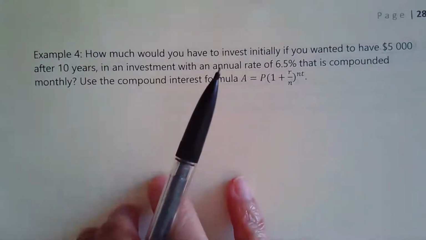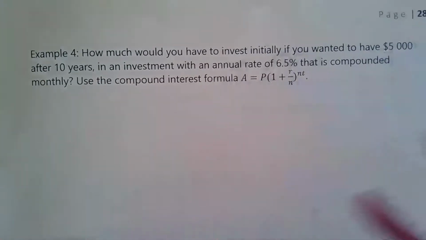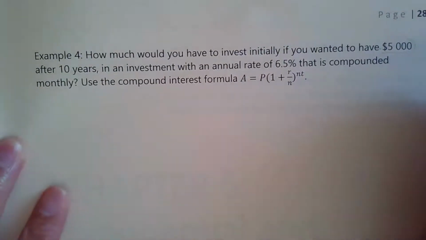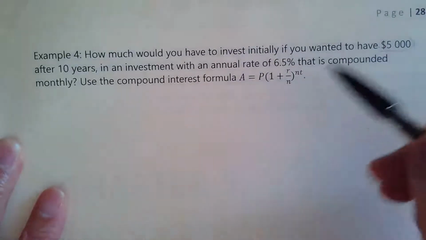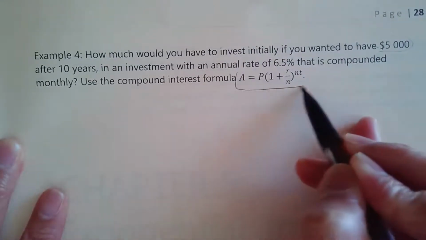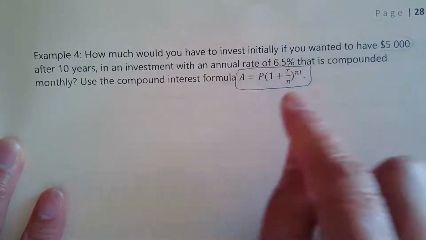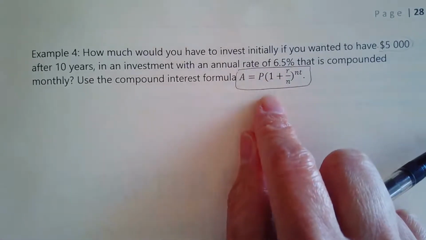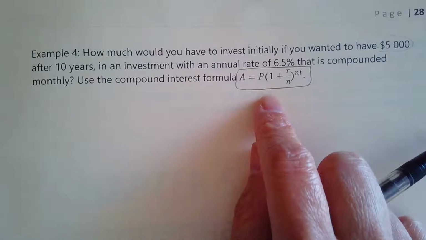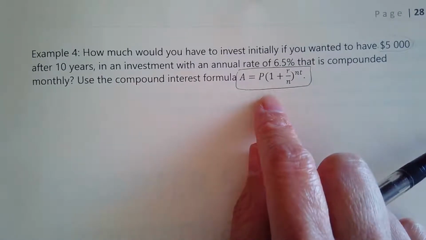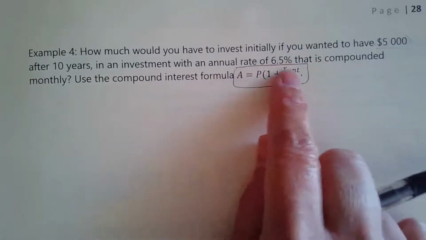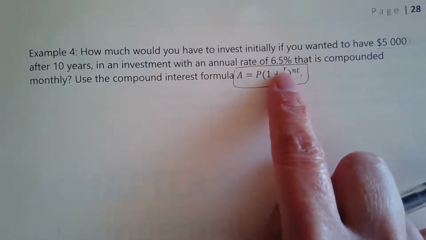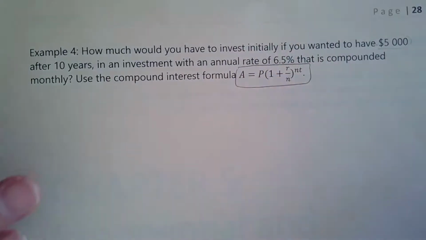Now you'll probably see here, how much would you have to invest. So this is a compound formula. This is actually something that's explored in applied math quite a lot, so I just want to unpack what this formula means.